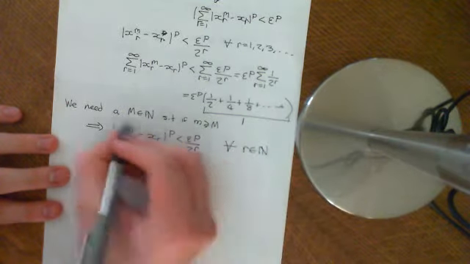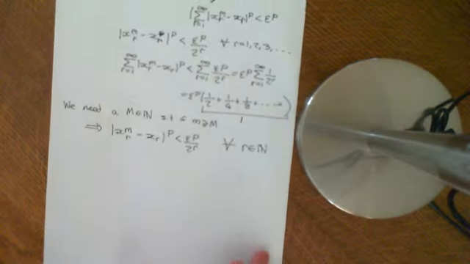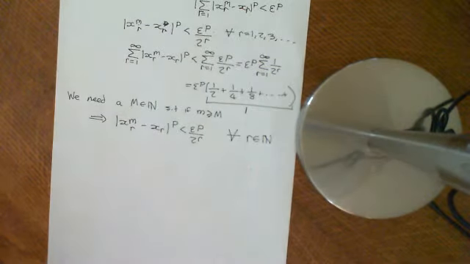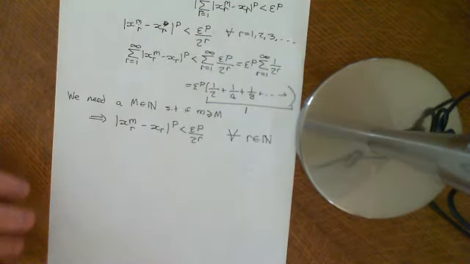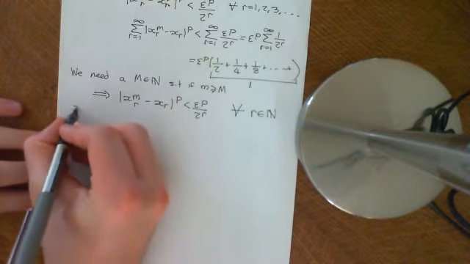I need a big M such that that holds. So let me draw out the picture again, because I can't be bothered with continuously switching back and forwards between it. Okay, so if I draw the picture again, we have our sequence of sequences.